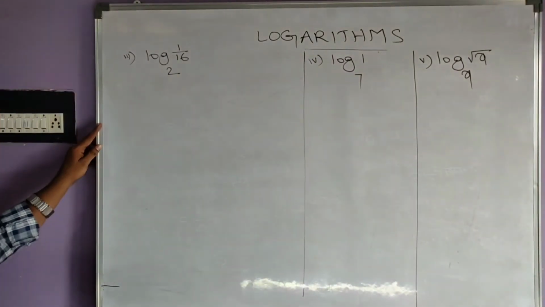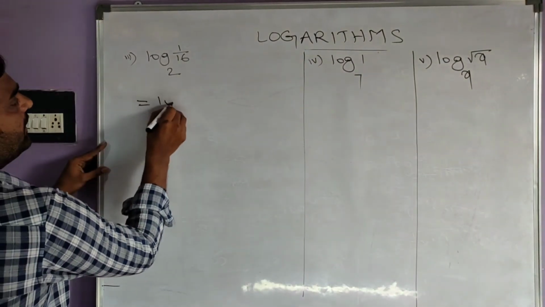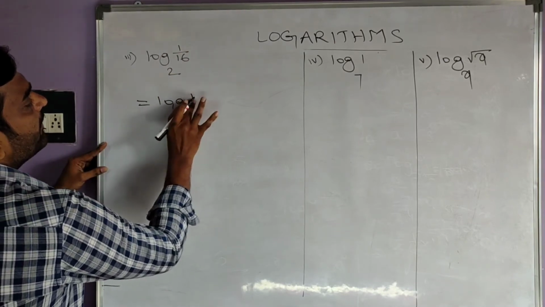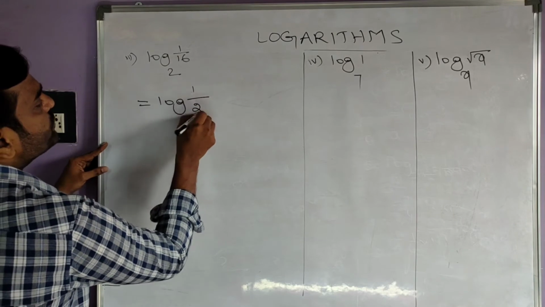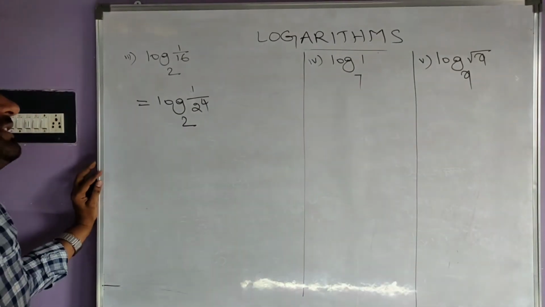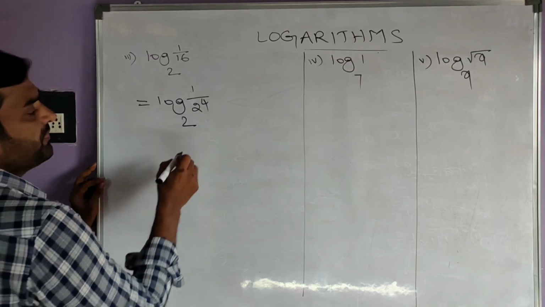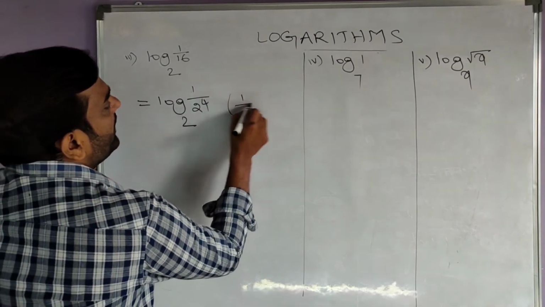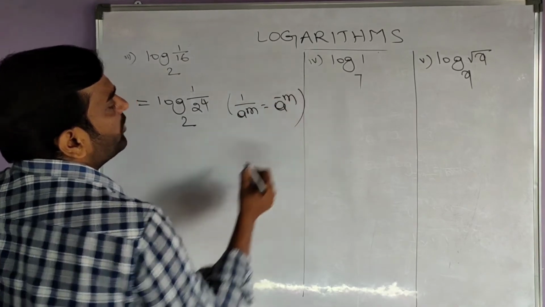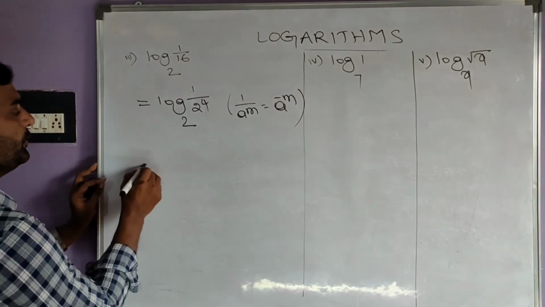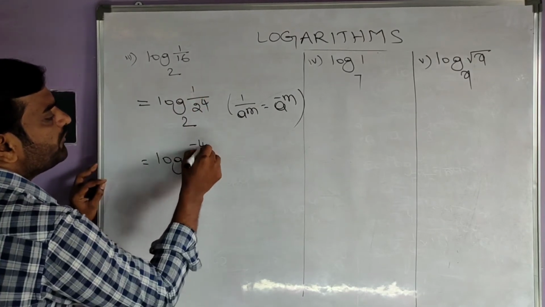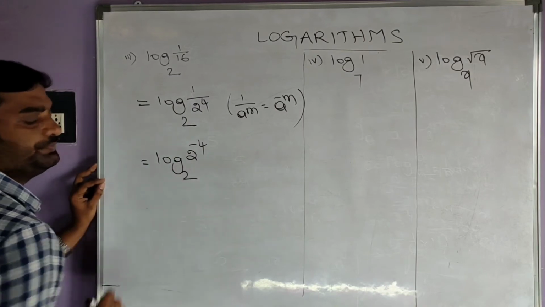Now listen. This log 1 by 16 can be written as 1 by 2 to the power of 4 to the base 2. 2 to the power of 4 is 16, so 1 by 2 to the power of 4. It is like 1 by a power n means a to the power of minus n. So log 1 by 2 to the power of 4 can be written as 2 to the power of minus 4 to the base 2.